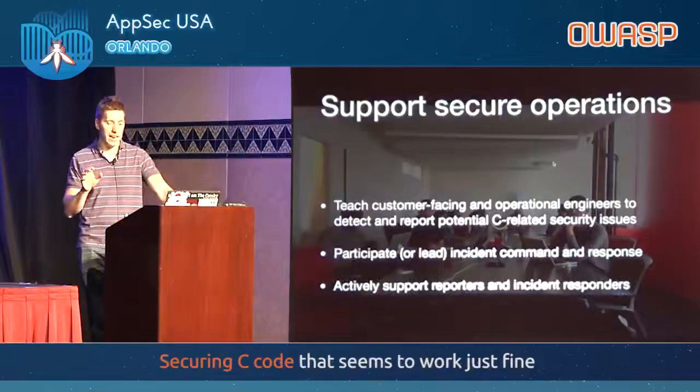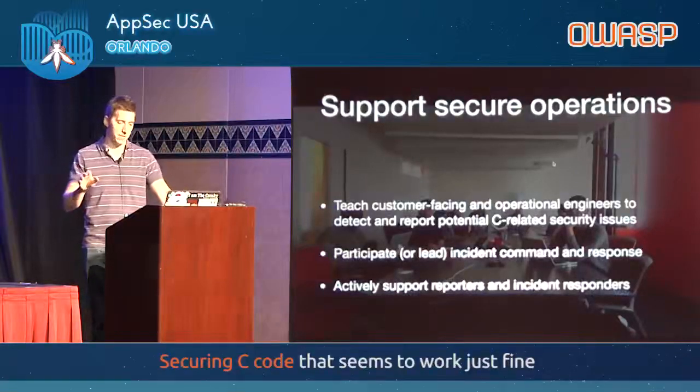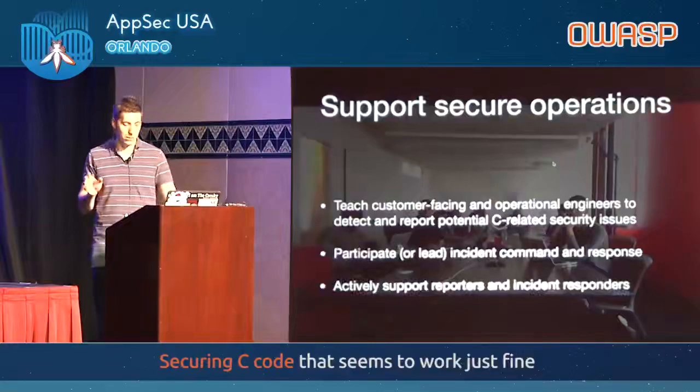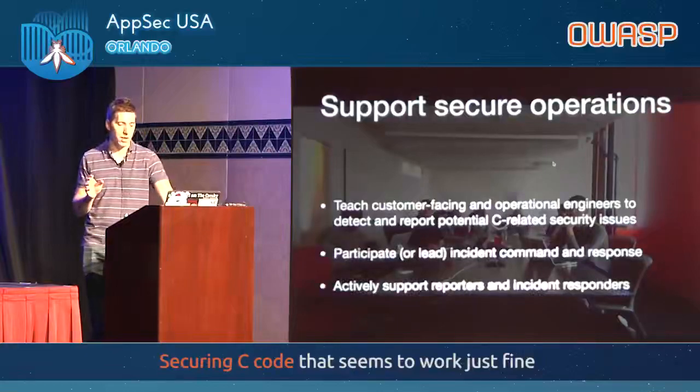I think you also really have to participate in creating security. That means participating in incident command and response when vulnerabilities are found in the field, and leading it if you can, to really work as part of the team and understand how it's done. The last one might be obvious, but it's really important to support reporters and incident responders.